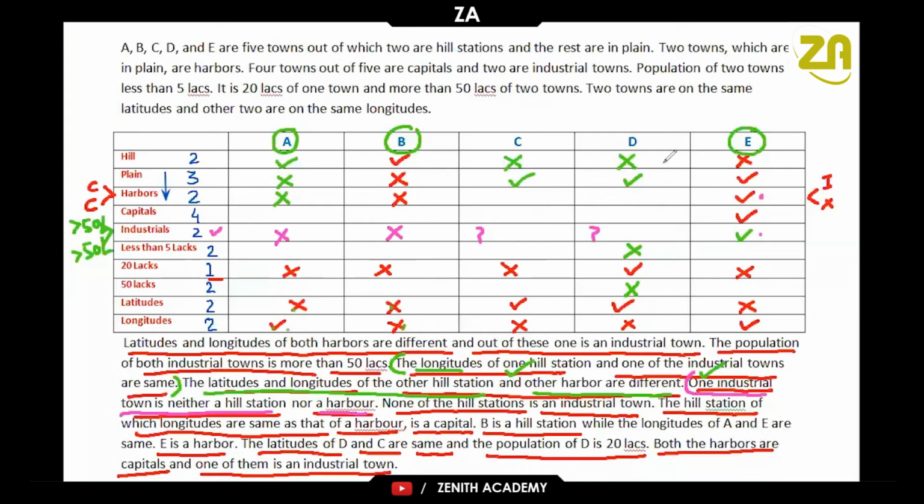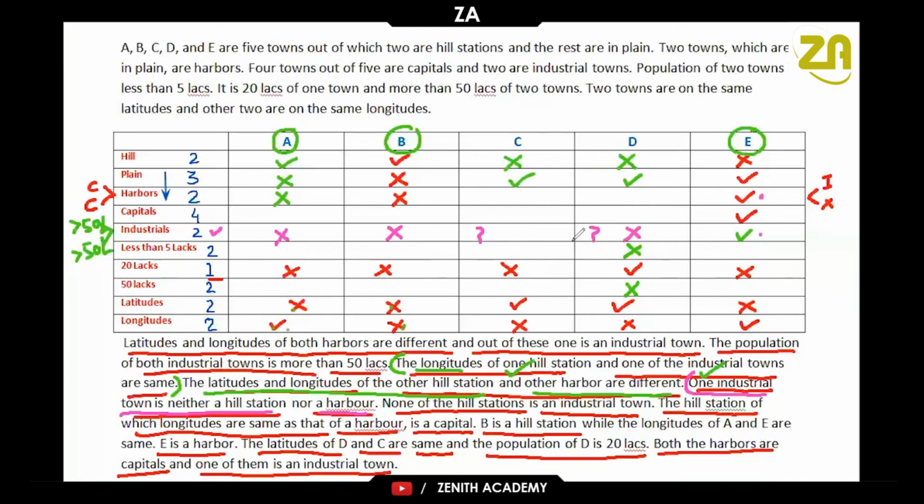But see, industrial town population is more than 50 lakhs and the population of D is 20 lakhs. So it can never be industrial, correct? Listen again. Both industrial town populations are more than 50 lakhs and the population of D is what? It is 20 lakhs. So it can never be industrial.